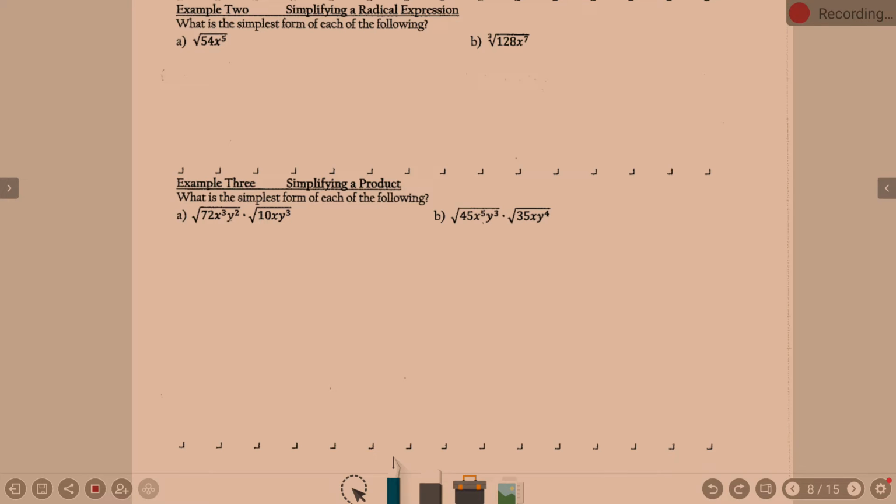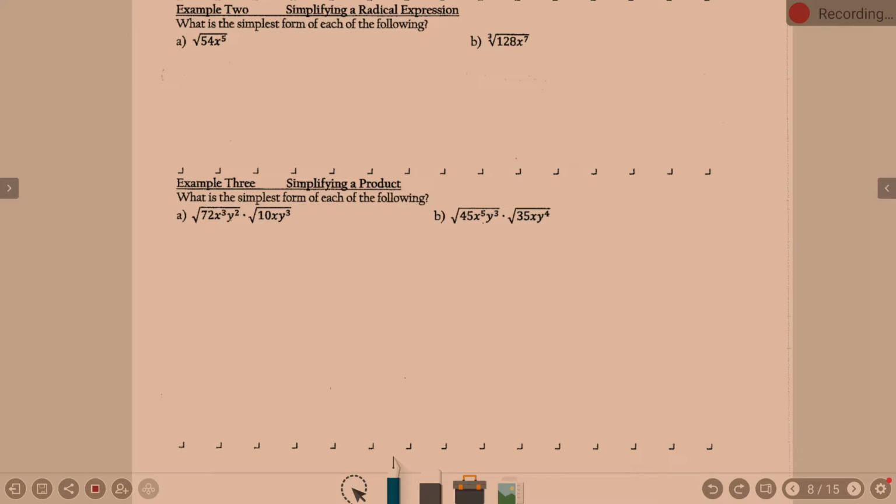Do you know the square root of 54? If you ask your calculator the square root of 54, you get back a decimal. And when it tells me to simplify, I'm not looking for a decimal answer. Most of this chapter, I'm not looking for a decimal answer.